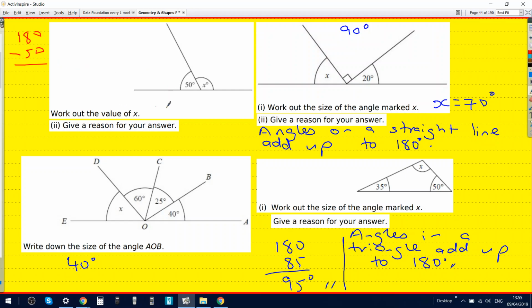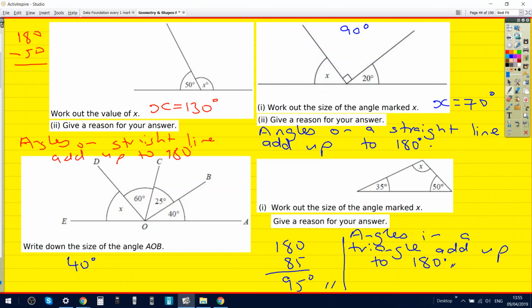Well done. Give a reason for your answer. Because all angles along a straight line add up to 180. Well done. Great.